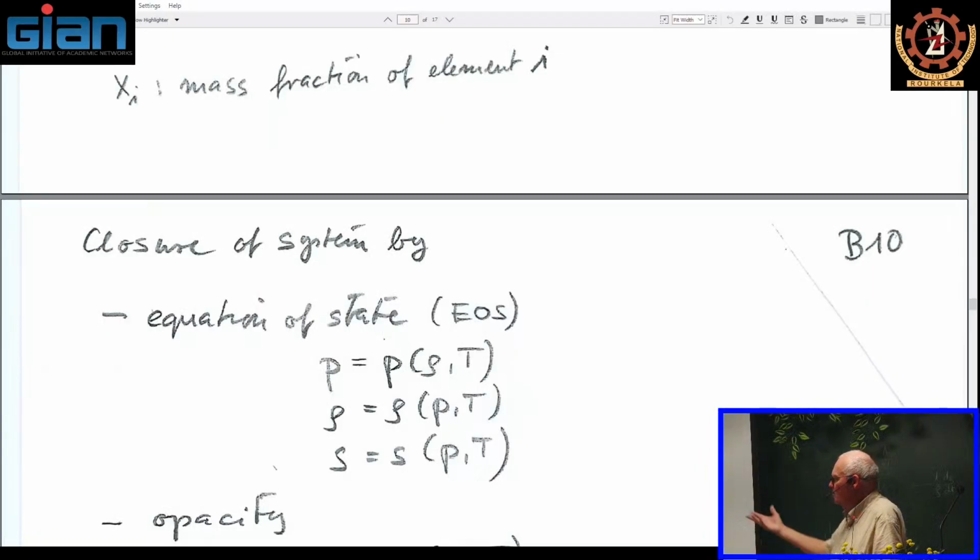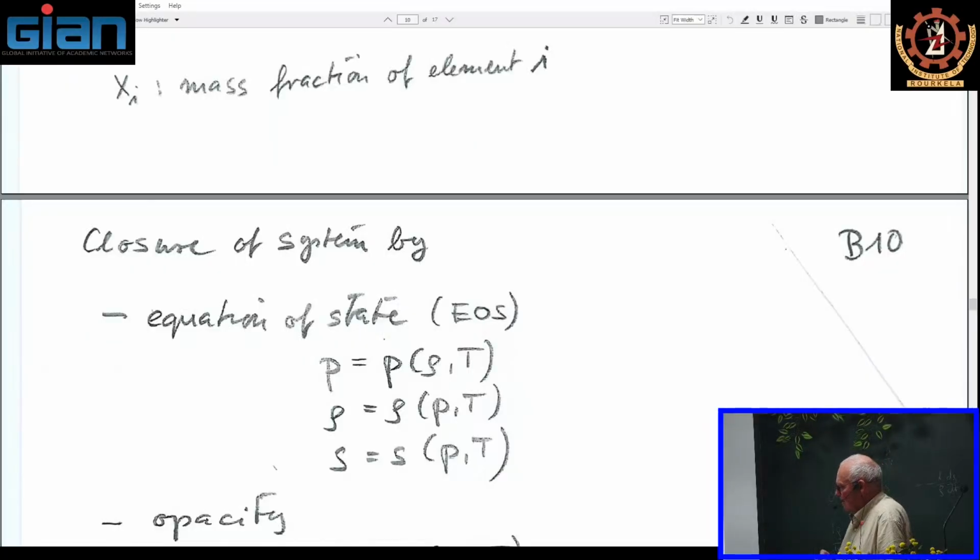We have to consider how our stellar matter might be described, what is important, and how these equations of state will look like in detail. We'll come to that later on, and I will give you some examples for the equation of state we use in the stellar environment.